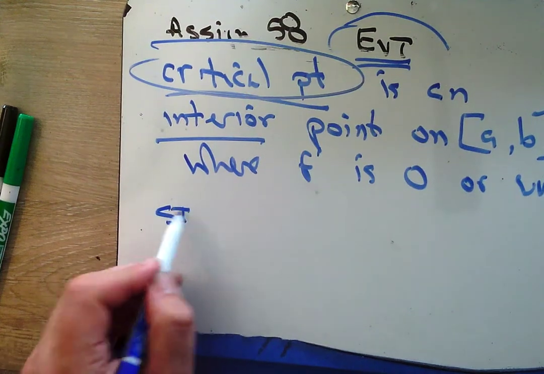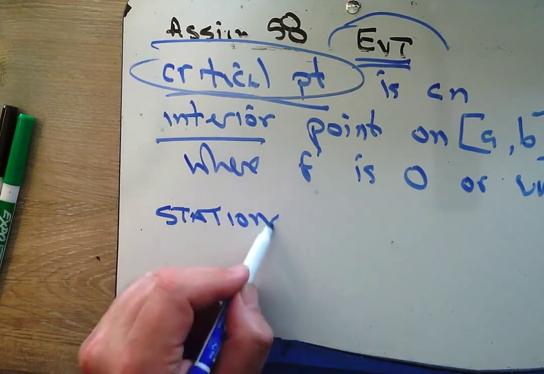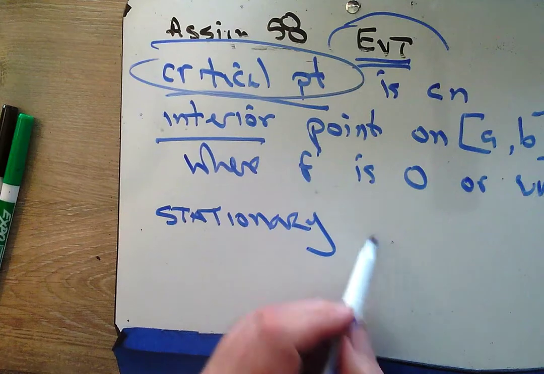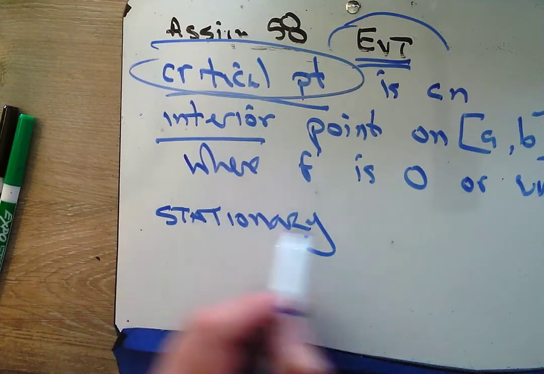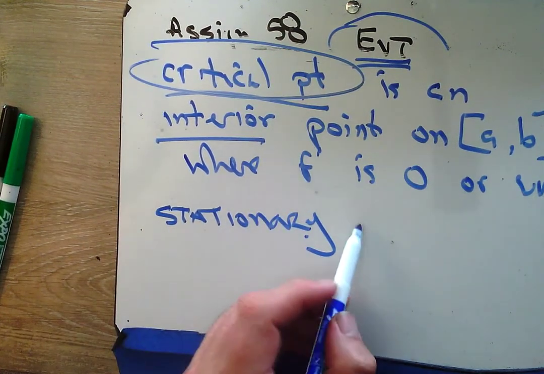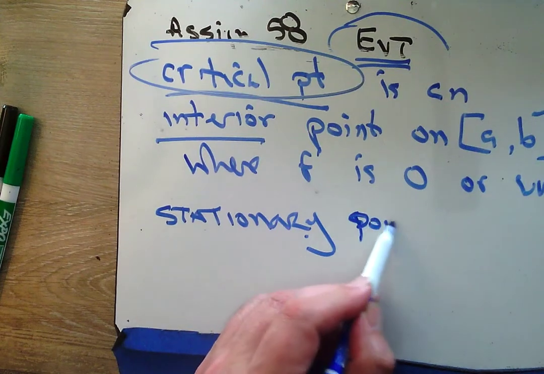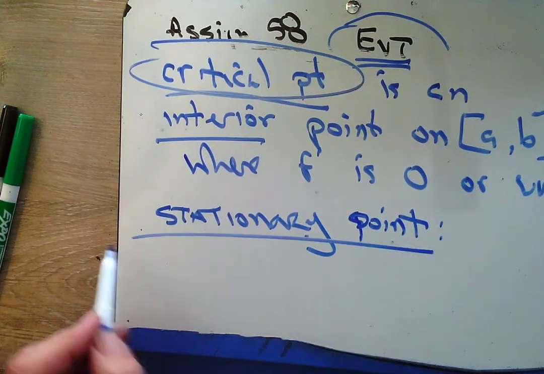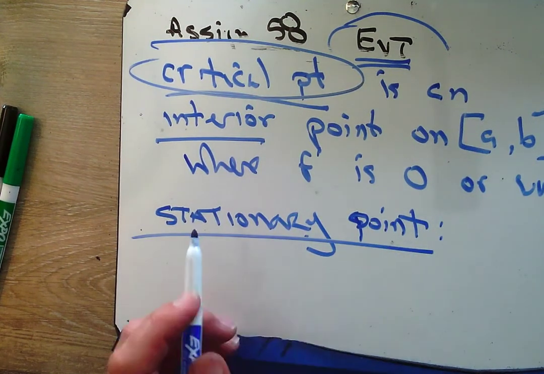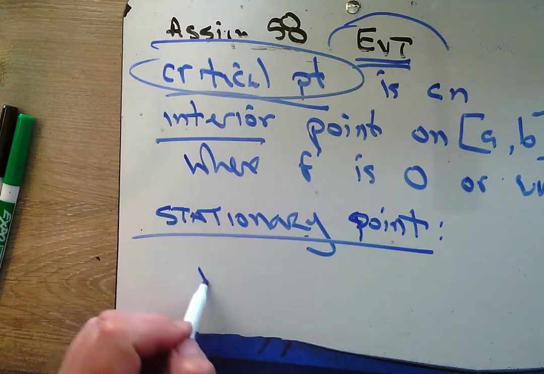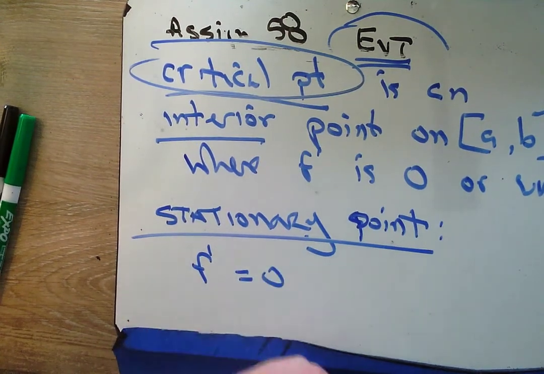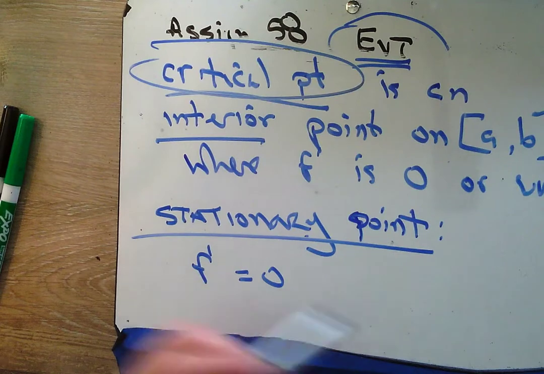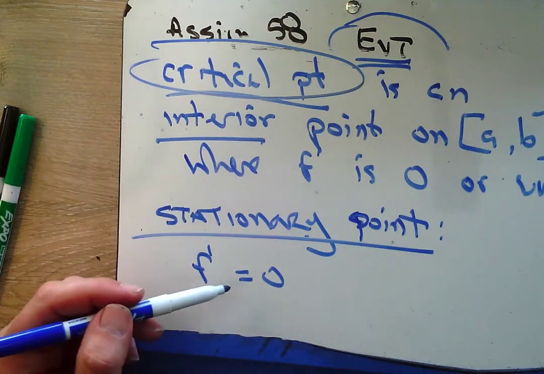There's also stationary point. And while our textbook authors might really like stationary point, I know what it is, and I don't use it. F prime equals 0. A stationary point is a place where f prime is equal to 0.